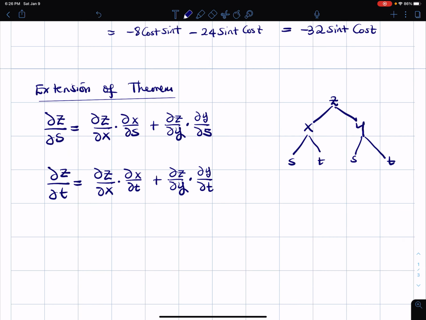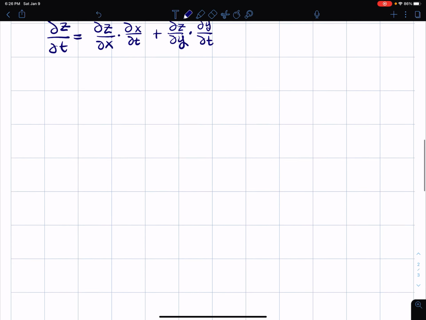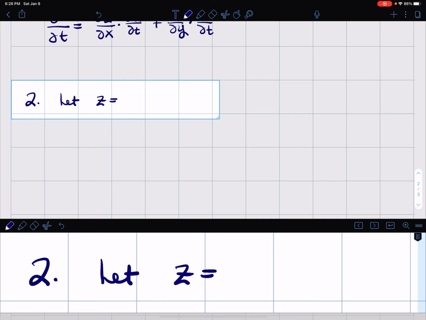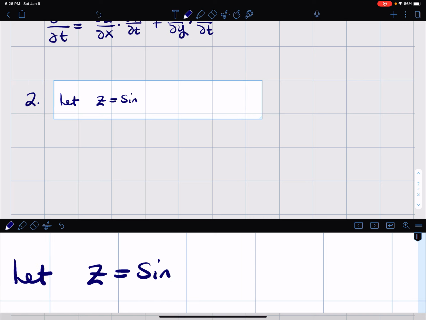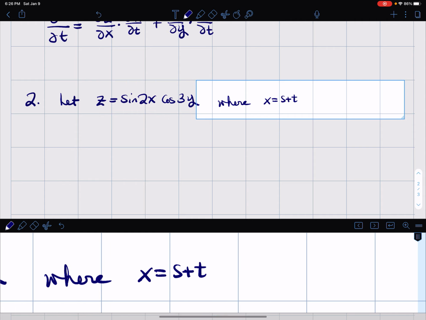Now, let me try another example. Example 2: let z be equal to sine 2x cosine 3y, where x is equal to s plus t and y is equal to s minus t.